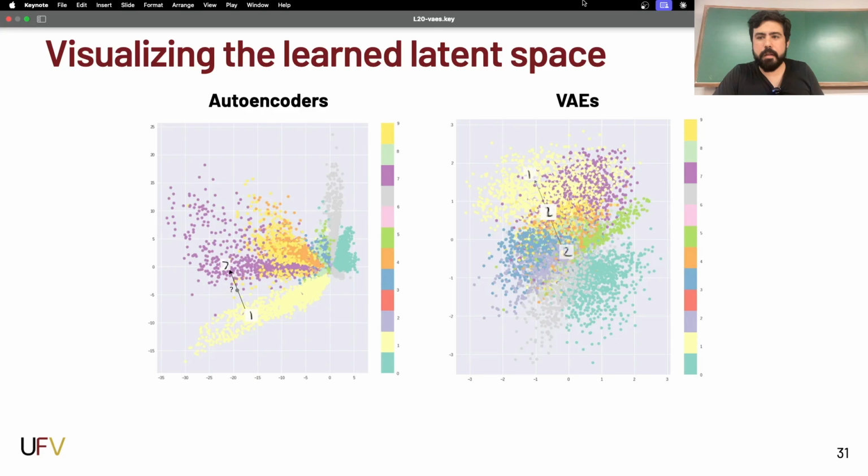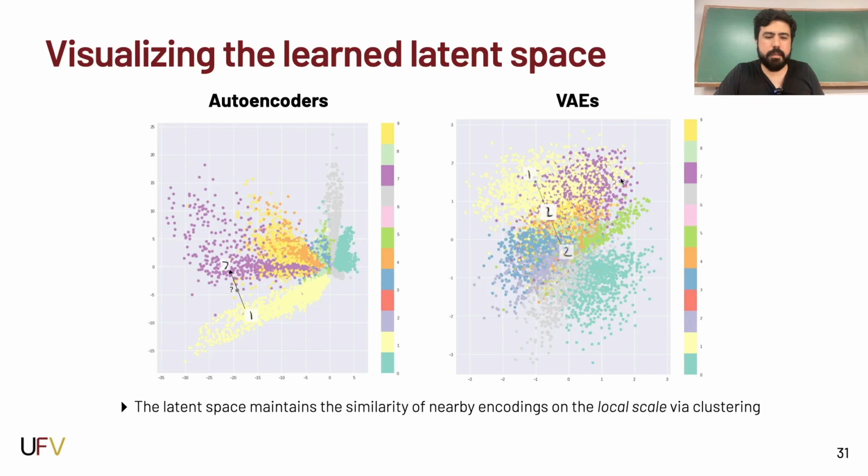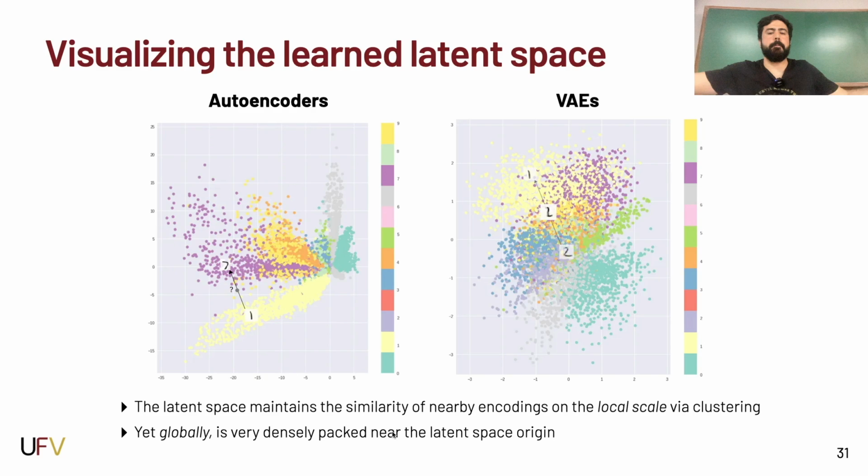Let me... yeah, so properties. The latent space now maintains the similarity of nearby encodings, which means these clusters. So it still has these clusters, which we had here. We have this locality still represented, but globally they are all packed around the 0, the center of the space.